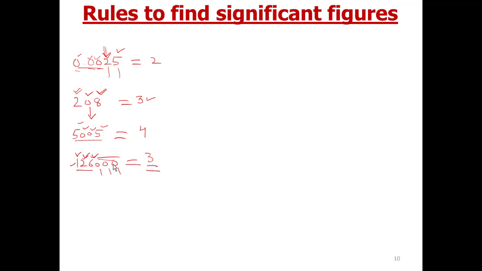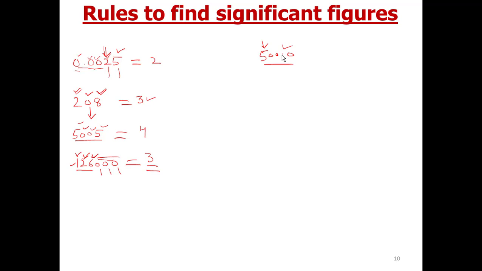These zeros are not significant because there is no decimal point. All the zeros at the end of the number, if there is no decimal point, are non-significant. Now let us see this one, 500.0. Now this number has a decimal, so 5 is non-zero, so it is a significant figure.